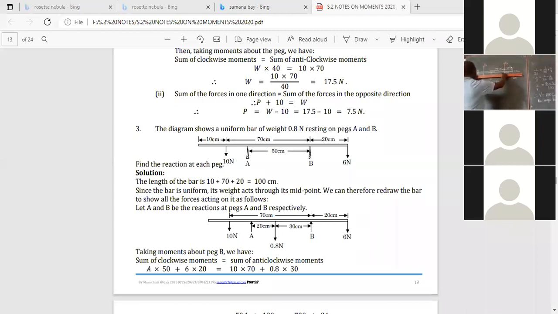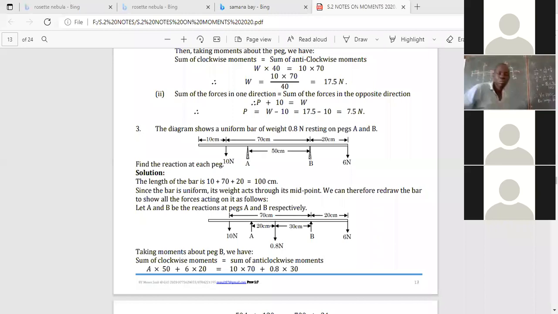It was 50 centimeters. If this is 20 plus 50, how many centimeters are those? Those are 70, isn't it? Yes.